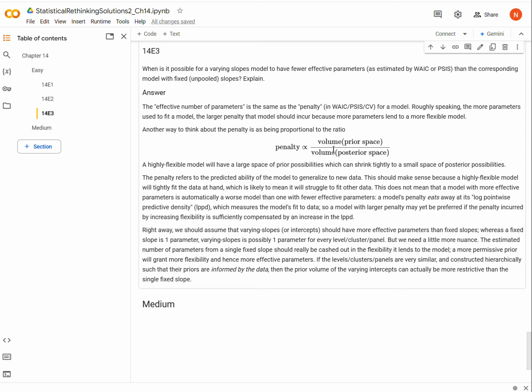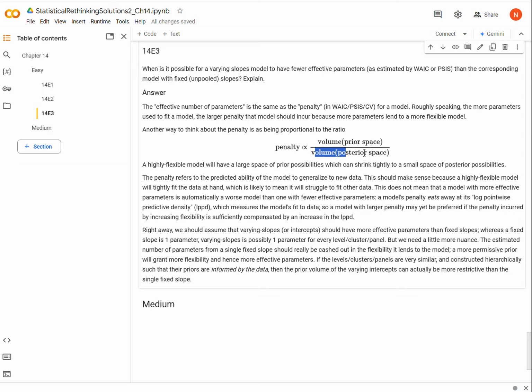If you think your way through this, if you have a very flexible model, you will have a high volume of prior space, and just because of the nature of having many parameters, when you train it on data, that space will shrink very tightly around your data in the posterior space.